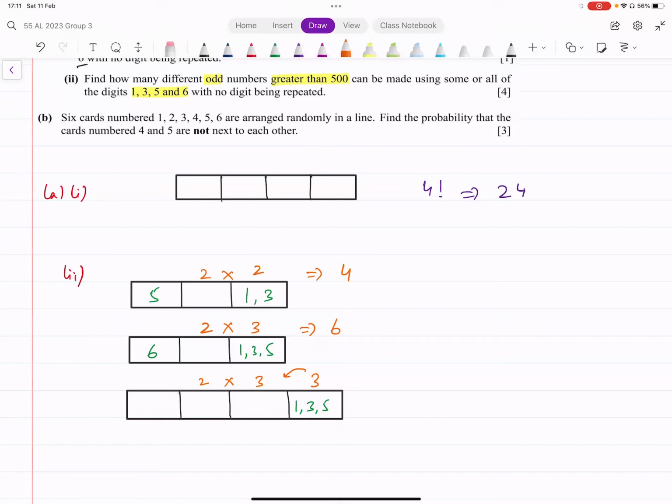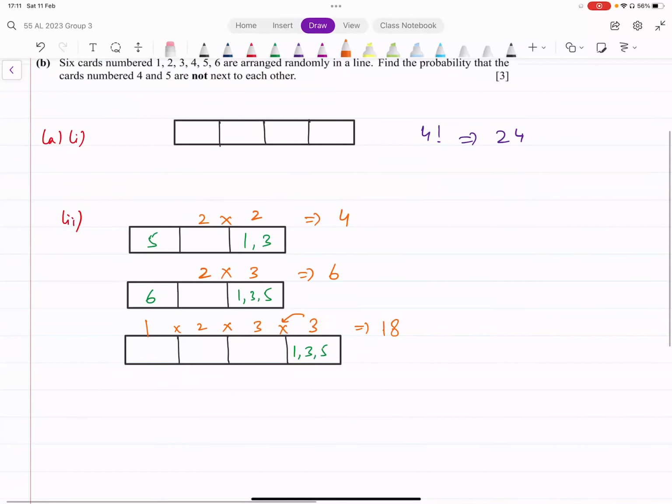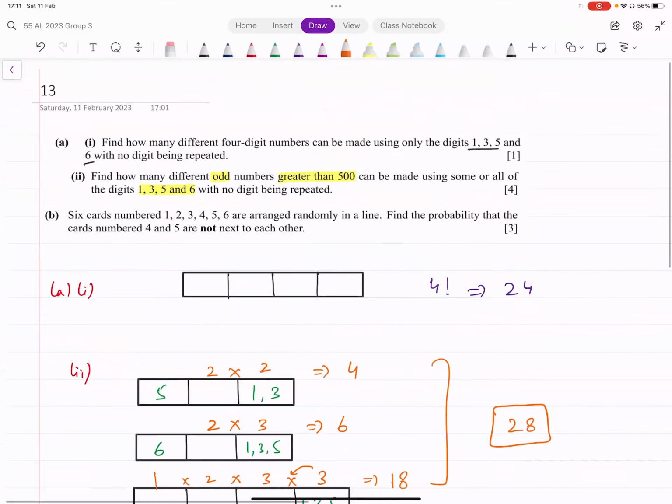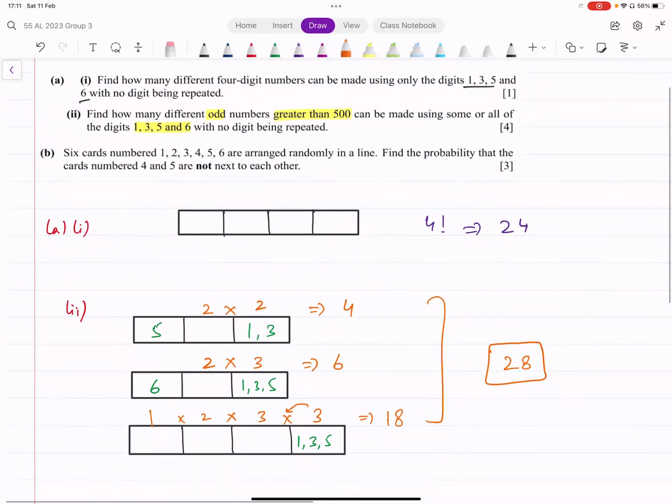So आप किसी भी order में चले जाओ, it doesn't matter. You can say this box has 3 options and the next one has 2 options after that, and the next one has 1 option after that. And you multiply all of them, and that gives the result. That's 6 times 3, which is 18. So the total number of cases, therefore, that you have is going to be 10 plus 18, 28. This is the total numbers you can make from this, given these conditions.